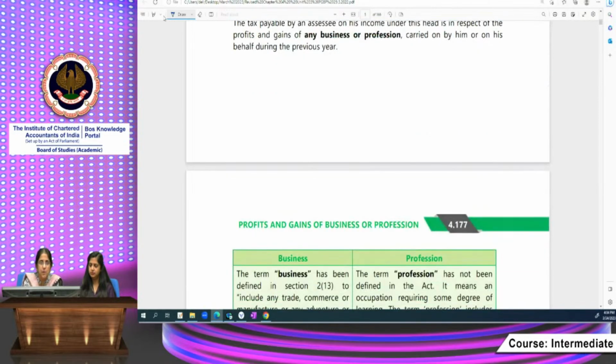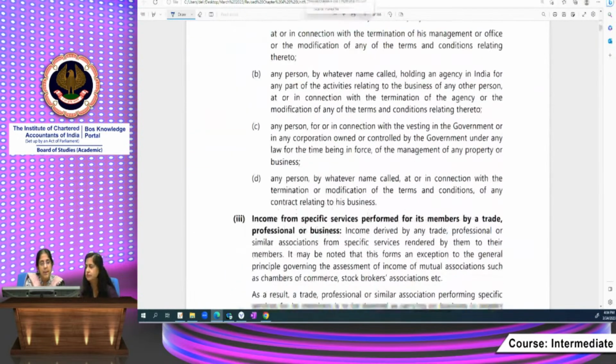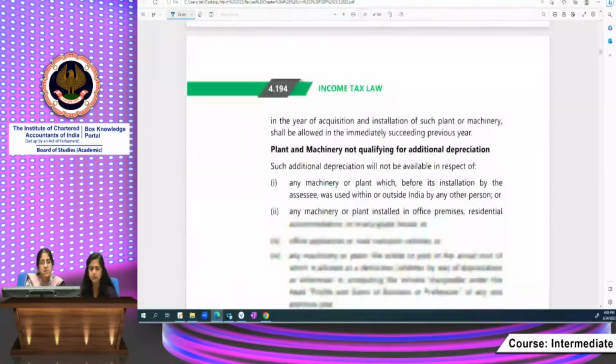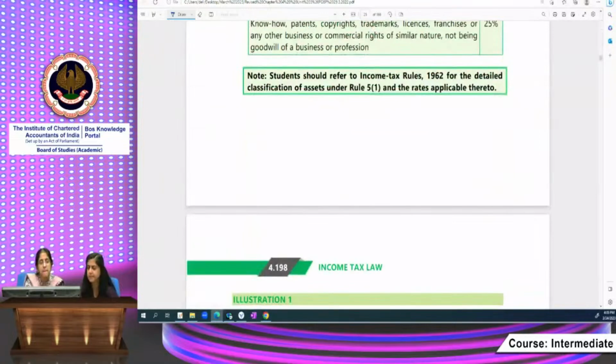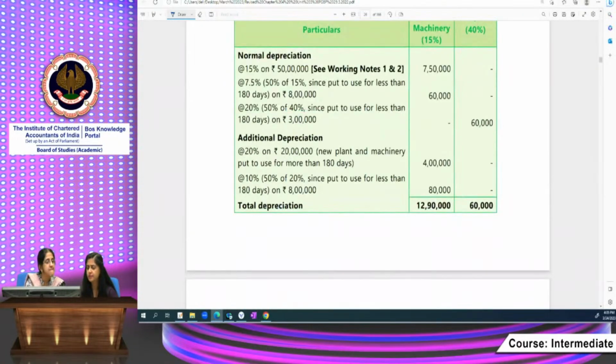This is the basic broad idea of profits and gains of business and profession. Can I proceed to presumptive tax, or do you have some doubts in this? Any doubts on computation of profits and gains of business or profession?